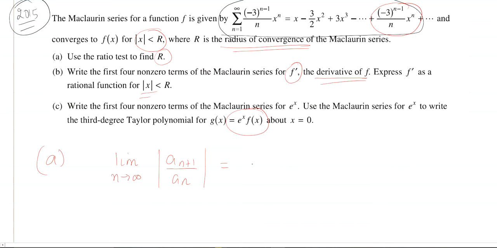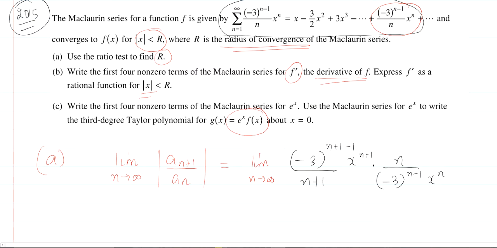So we can rewrite this as the limit as n approaches infinity of the n plus 1th term, negative 3 to the power n plus 1 minus 1 over n plus 1 times x to the n plus 1, multiplied by n over negative 3 to the n minus 1 times x to the n.